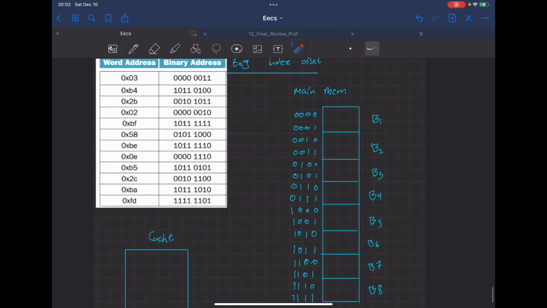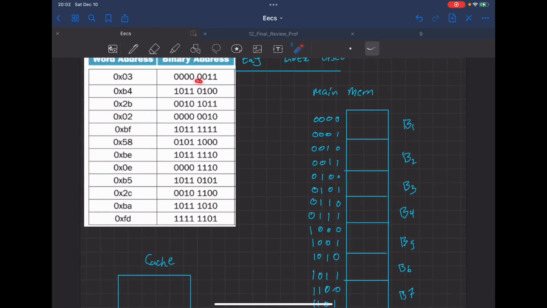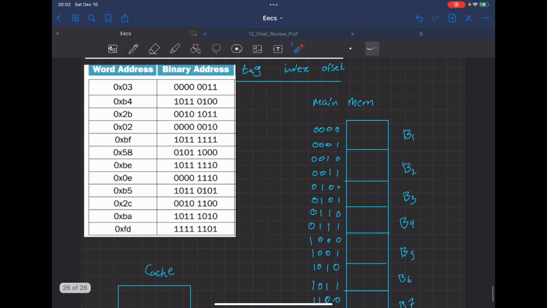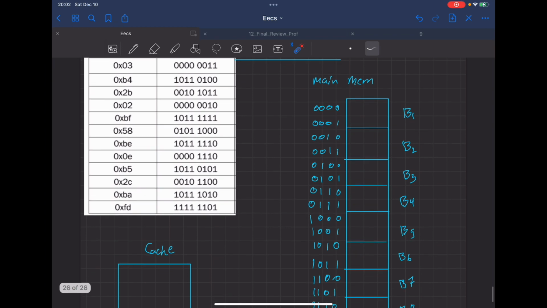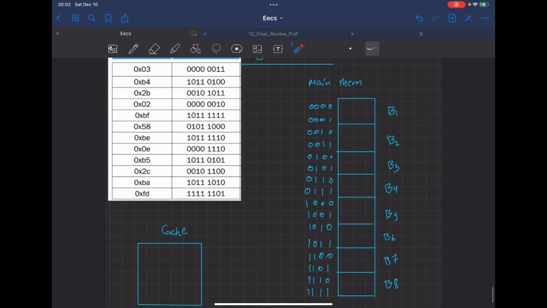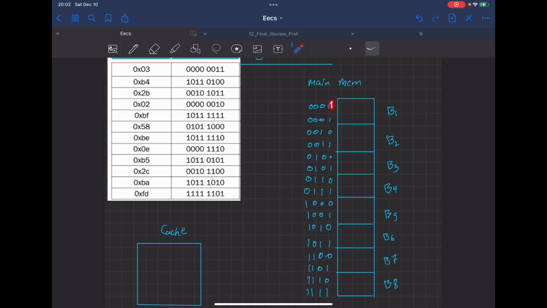Now, we can start to dissect some patterns here. So the first pattern is, we said that this is our index, the 4 least significant bits of our binary address. Okay, so that's great. What else can we notice? Well, we can notice the least significant bit, the very least, this one right here, it oscillates. It's either a 0 or a 1, 0 or 1, 0 or 1, 0 or 1.